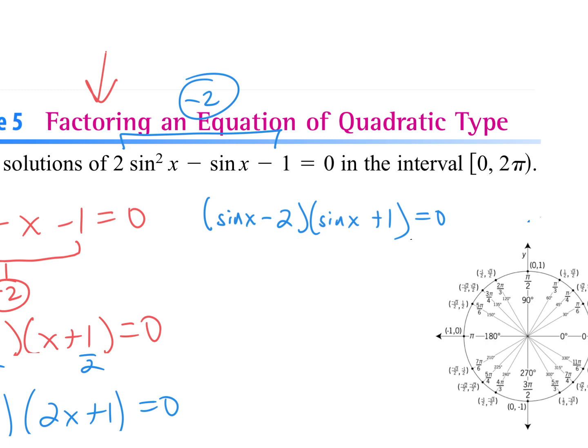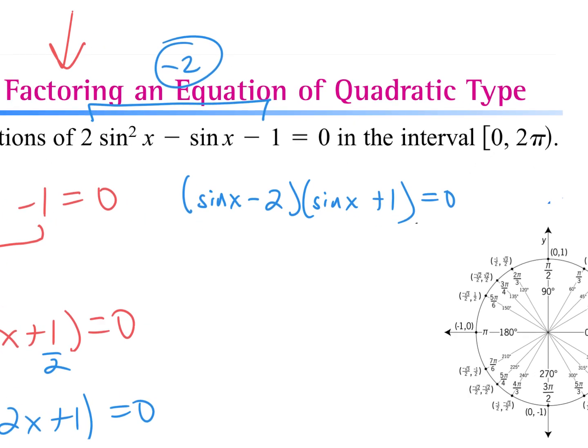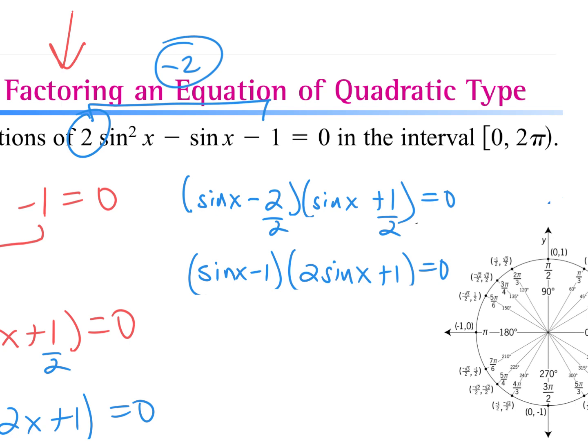Okay, so what do I do with my a term since it's not 1? I divide. Perfect. So this becomes sine x minus 1, and this becomes 2 sine x plus 1. Questions? The only thing that has changed from a basic algebra factoring problem is instead of using x, we put the trig function.